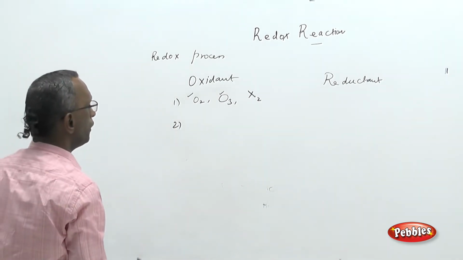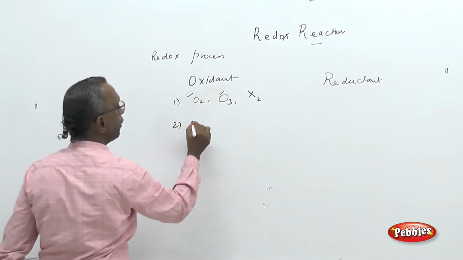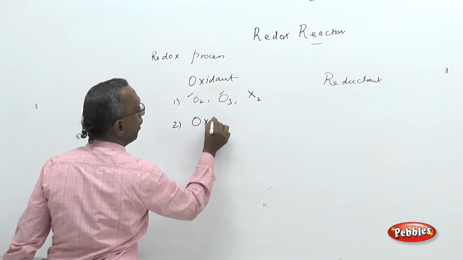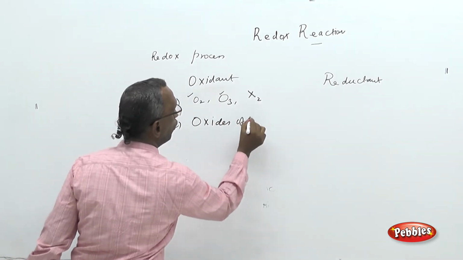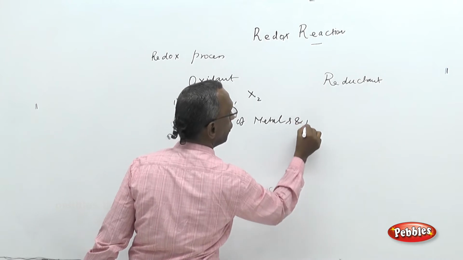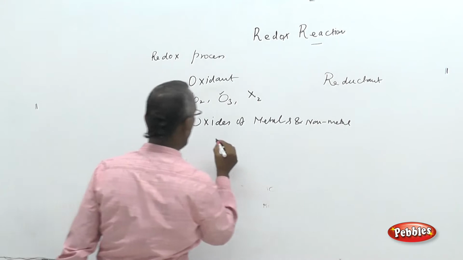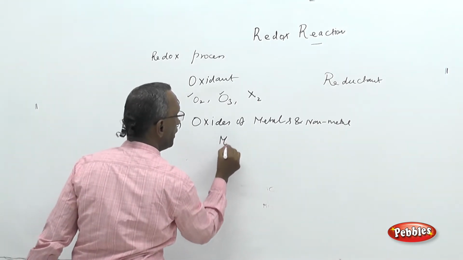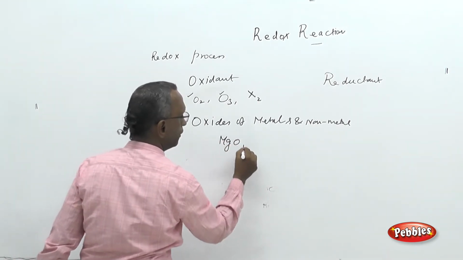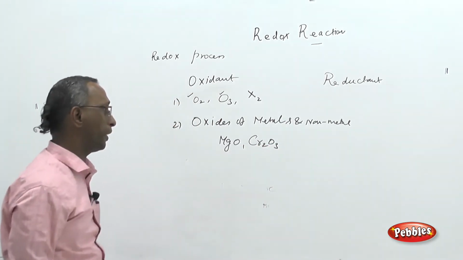The second source of oxidation, or materials serving as oxidants, are oxides, oxides of both metals and non-metals. For example, magnesium oxide (magnesia) and chromic oxide (chromium oxide) are metal oxides.